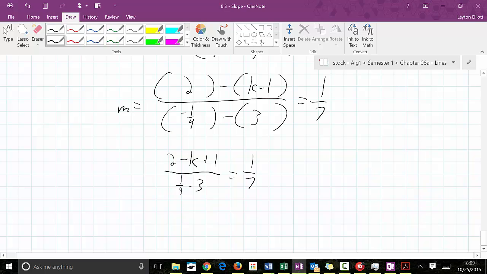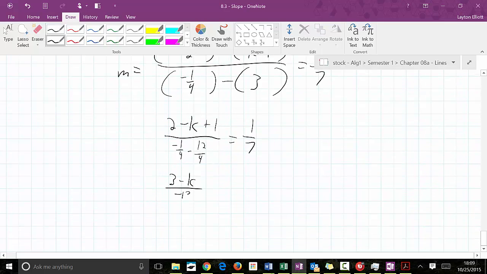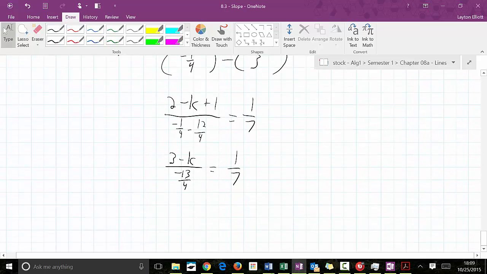I'm going to keep simplifying. I've got 2 plus 1 is 3. 3 minus k over negative 1/4 minus 3. Well, 3 is really 12/4. So that's negative 13/4. That's equal to 1/7. I could cross multiply right now, and that would be okay. So let's just go ahead and do it.